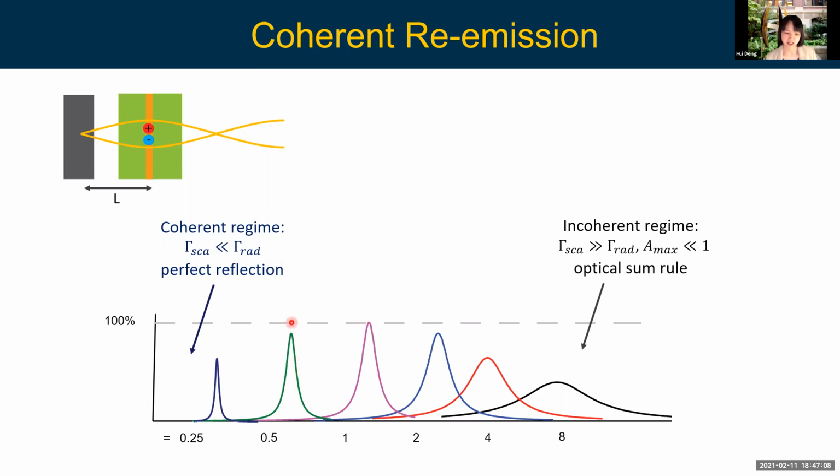It can stay there, or it can decrease. Either way, the area will have to decrease. That means the absorption will have to decrease when your material interacts with the light more strongly. And if you work it out, it turns out that in the completely coherent limit, if you can neglect any scattering or dissipation, you will never have any absorption. Your material, even just a single layer, will function as a perfect mirror.